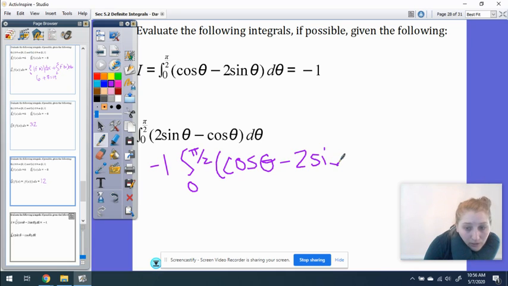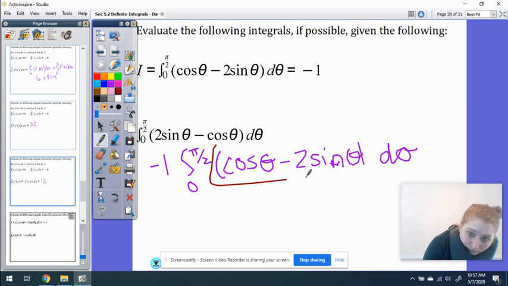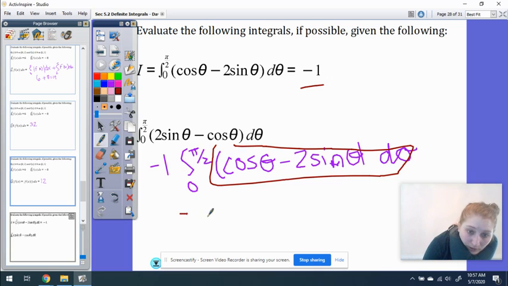So that would be the same thing as what I had up there in my given. So this I know is negative 1. So it's a negative 1 times negative 1, which would be positive 1.